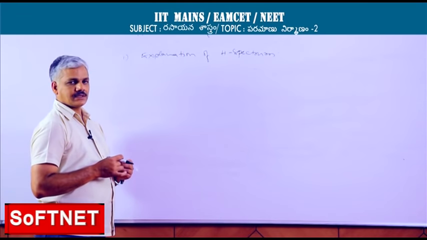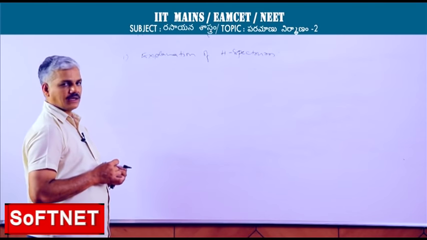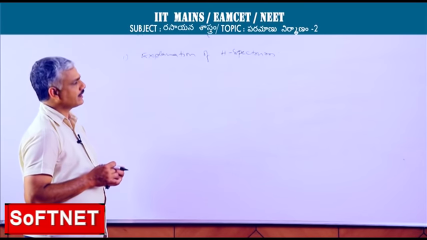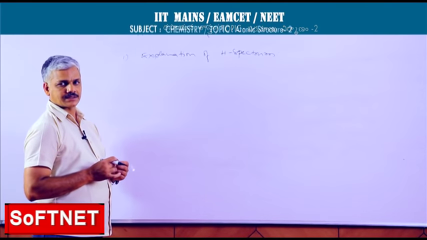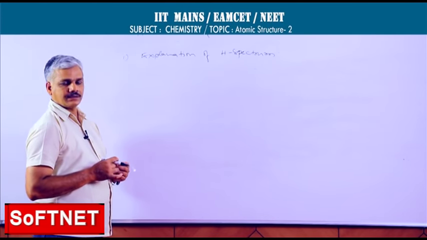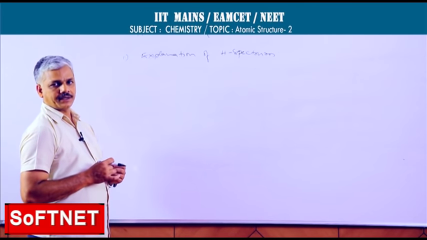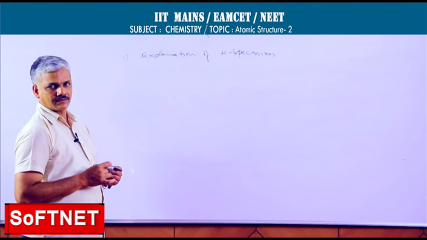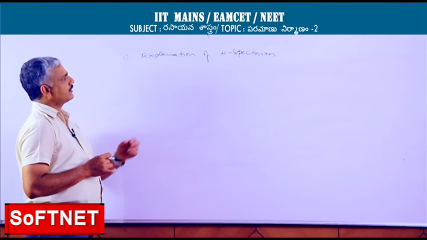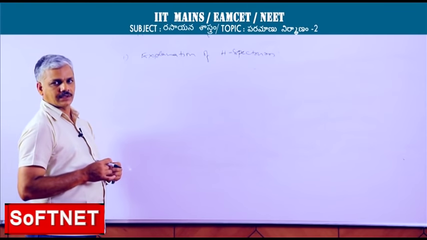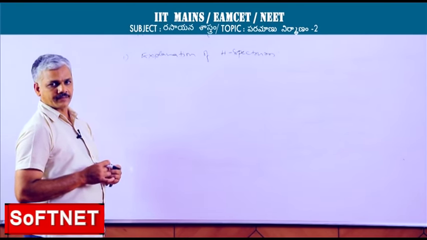Now, the question is how a simple element like hydrogen can emit so many spectral lines, that too in three different regions of the electromagnetic spectrum. The answer can be obtained by making use of Bohr's atomic model.